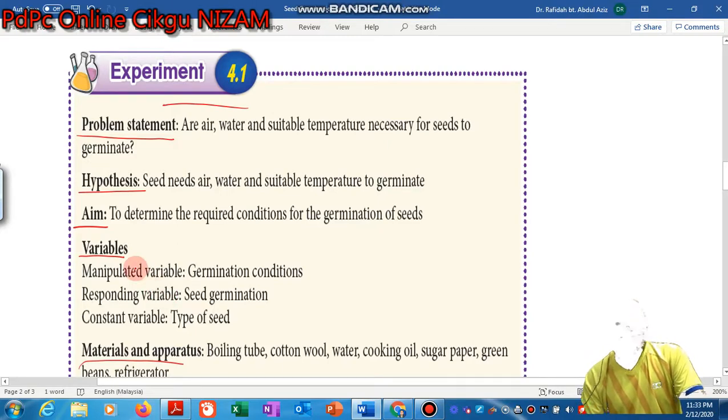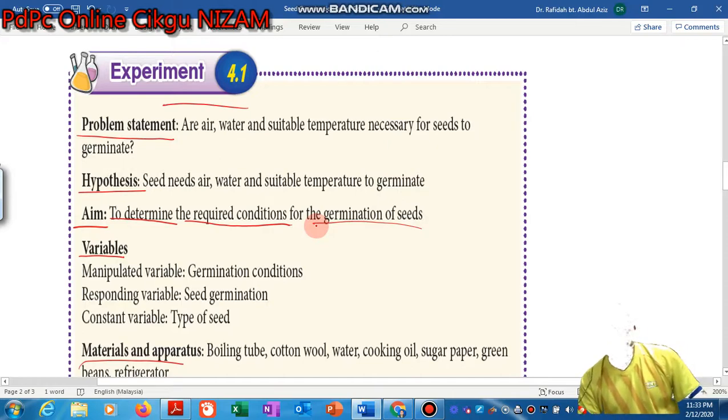So please pay attention. In this experiment, the aim is to determine what is the required condition for seed to germinate. So we want to know what is the required condition for the germination of seed.